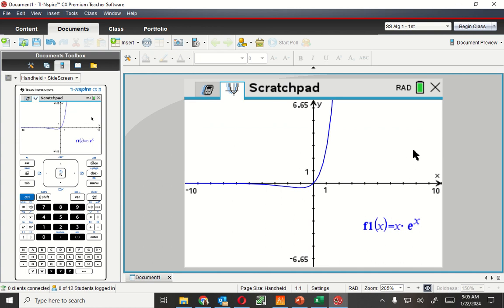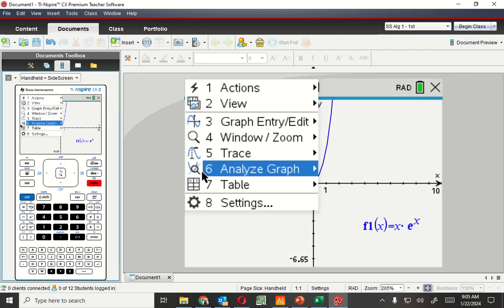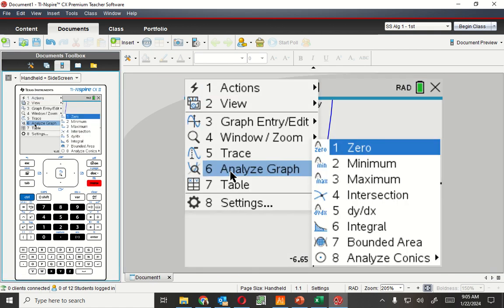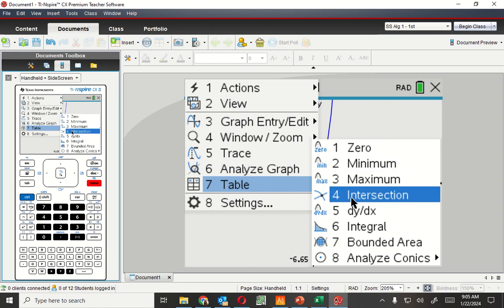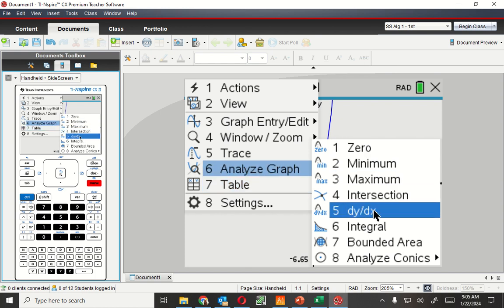These calculators are super awesome. So what I'm going to do is go Menu, Analyze Graph. Oh, hey, look, dy dx.